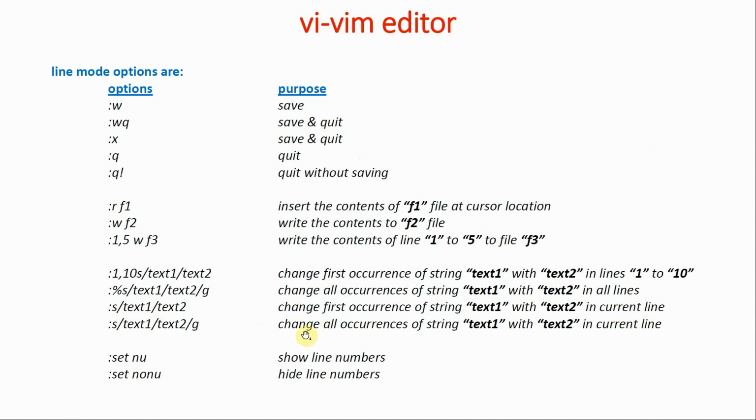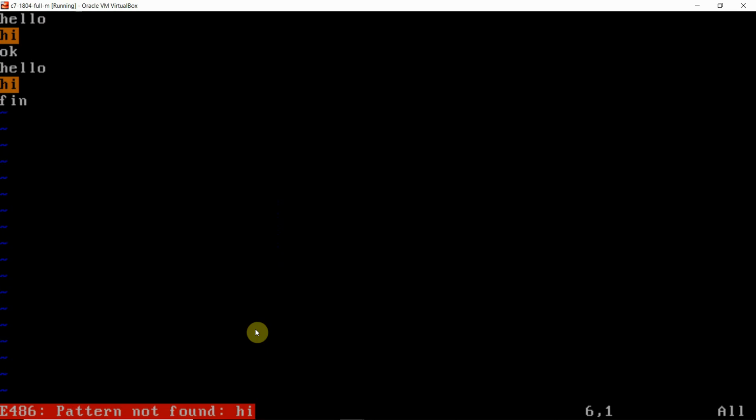And g changes all occurrences in the current line. And percentage s is for all the lines. So we will say percentage s, then text 1, then the text you want, and g means global, change in all the lines. So we will try.